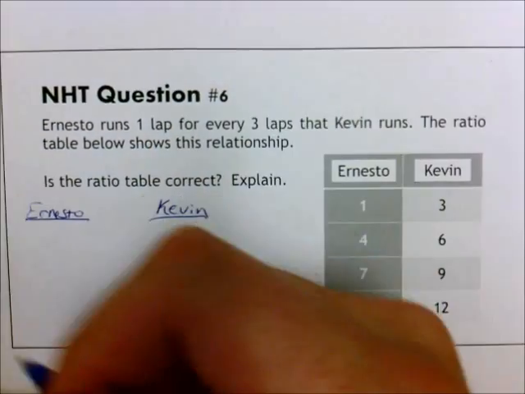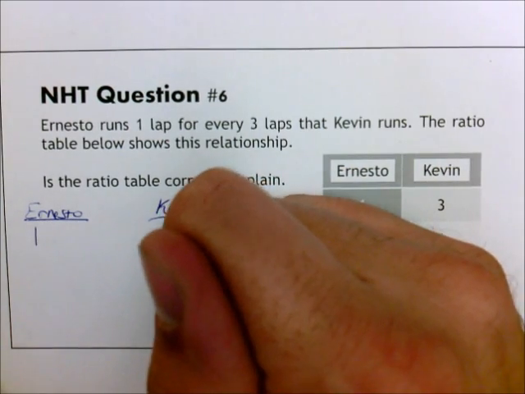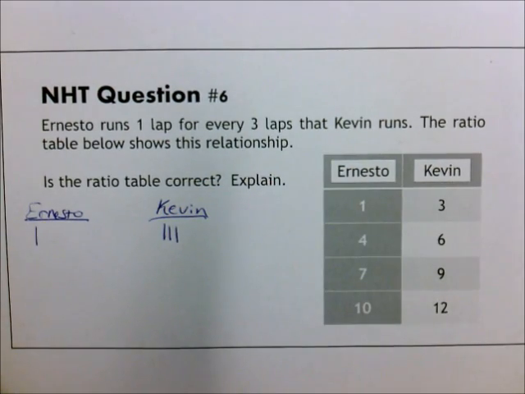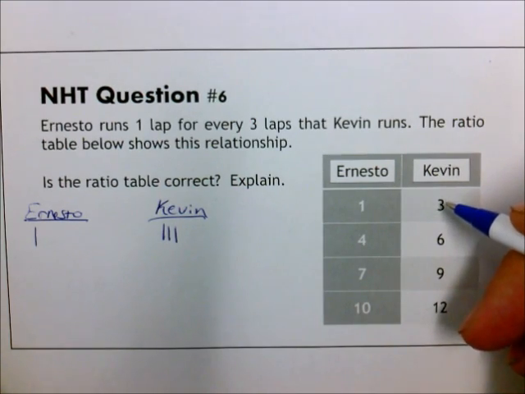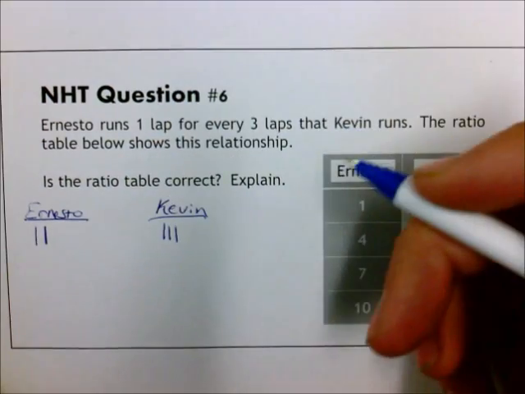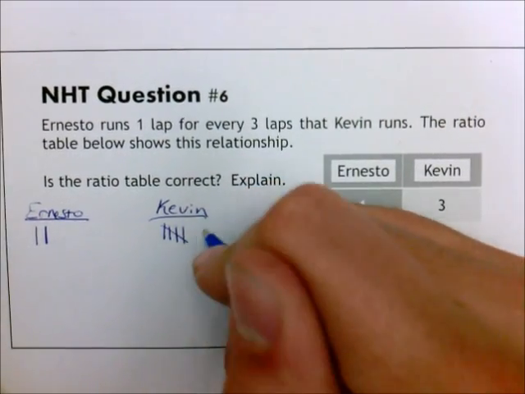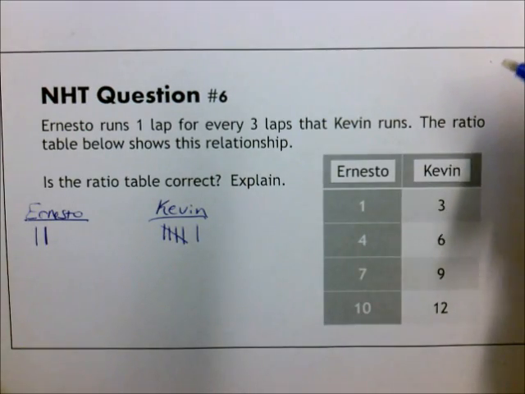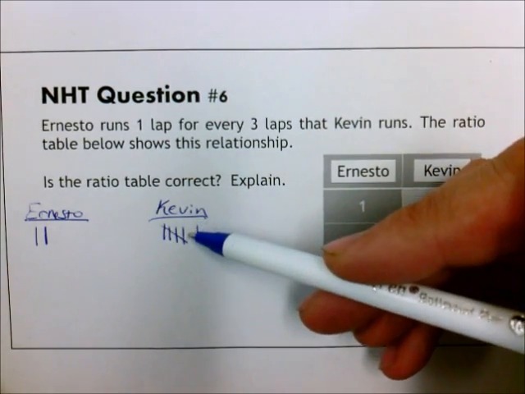So let's say that Ernesto over here, he runs a lap. That means Kevin is going to run 3 laps. And that is represented right here, 1 lap to 3 laps. Now, if Ernesto runs another lap, Kevin's going to run 3 more. 1, 2, 3. And now we should have Ernesto ran 2 laps to Kevin's 6.